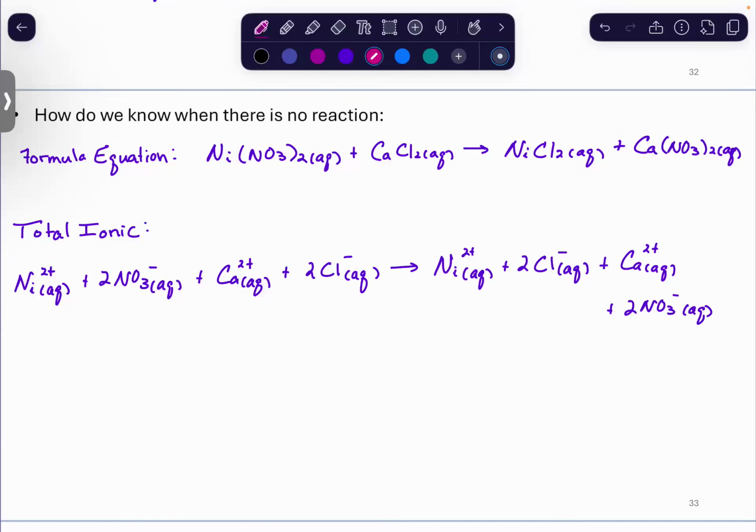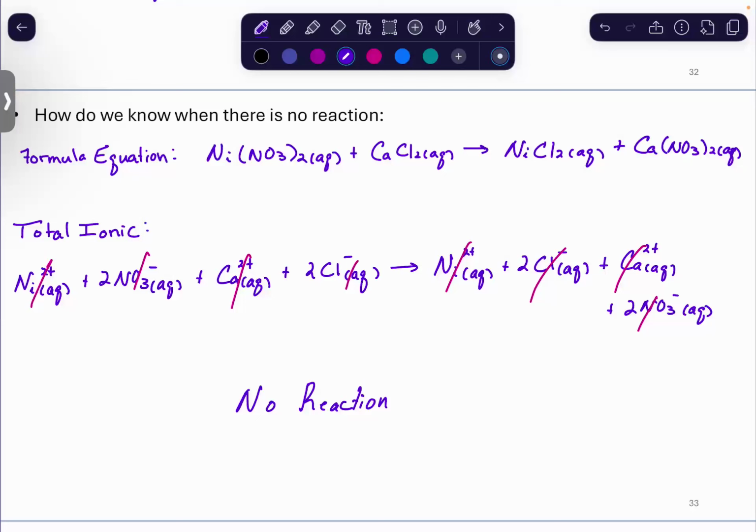That's my total ionic equation. Now, if I go through, I can say, well, nickel 2 is the same, the 2 nitrates, calcium, and 2 chlorides. Everything cancels out. There is no net ionic equation. So this is no reaction.